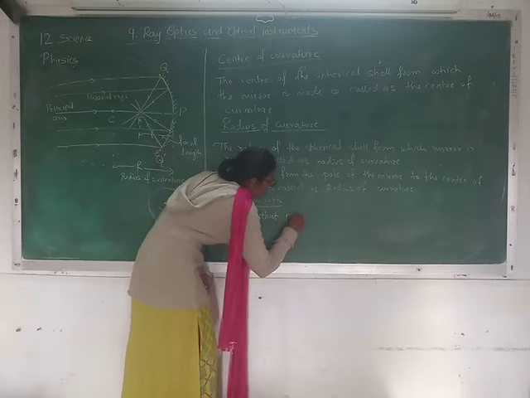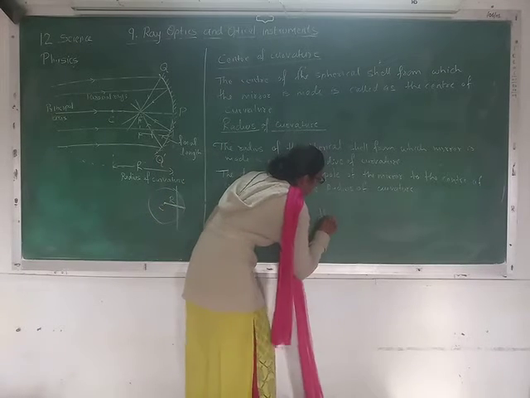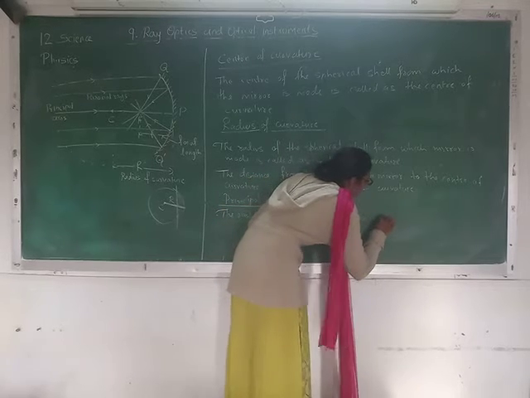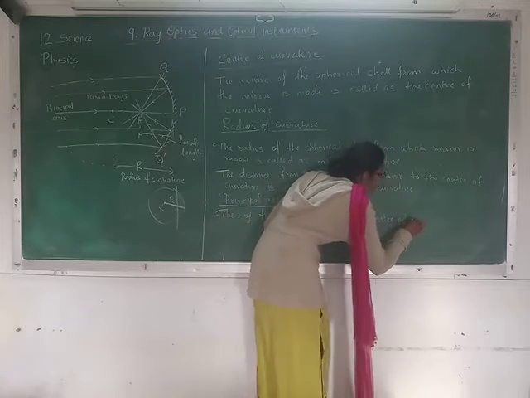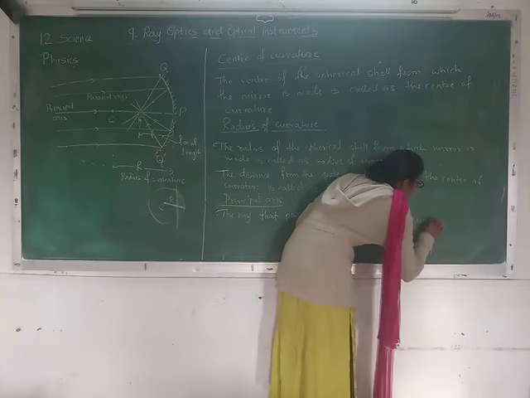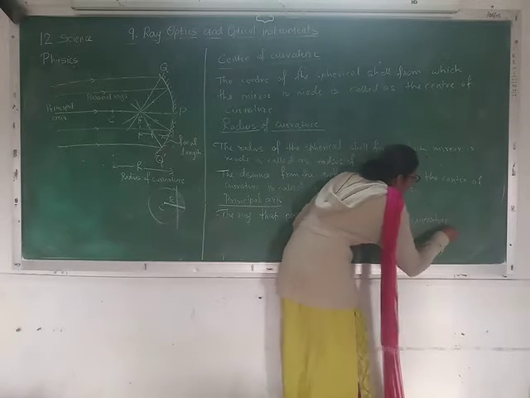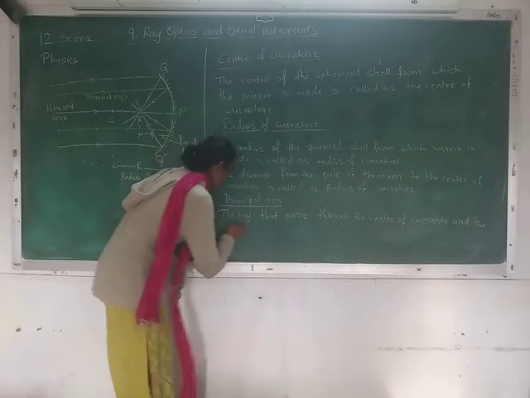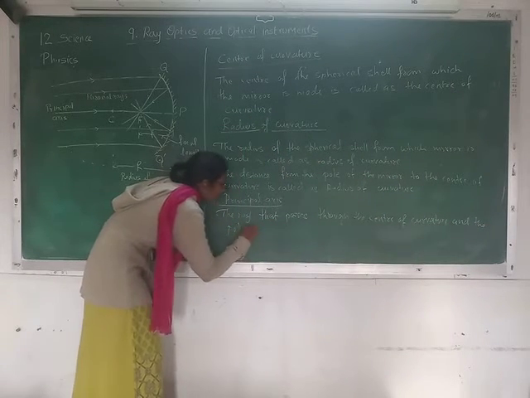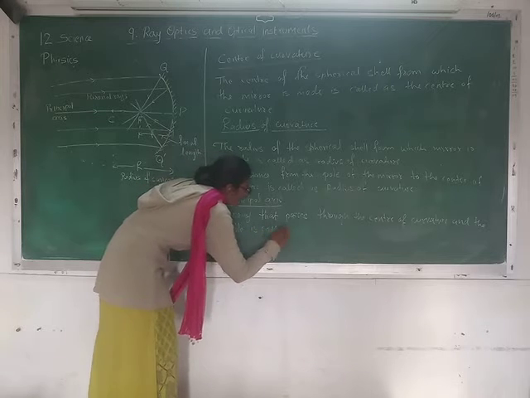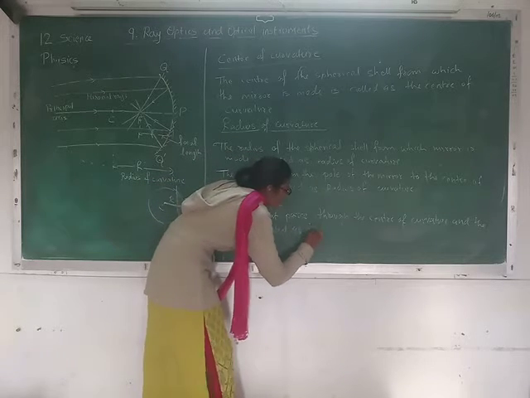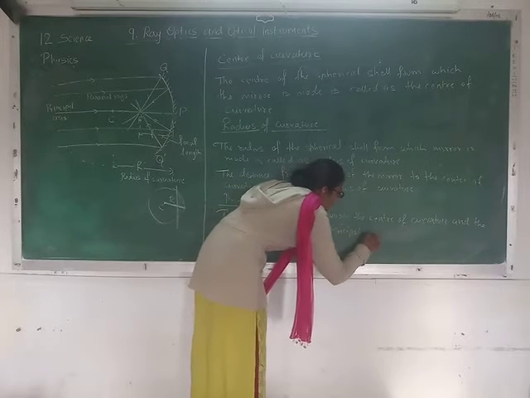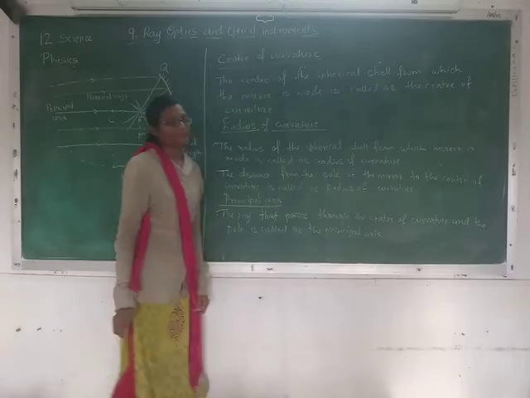The ray that passes through the center of curvature and the pole is called the principal axis, or you can also call it the main axis.